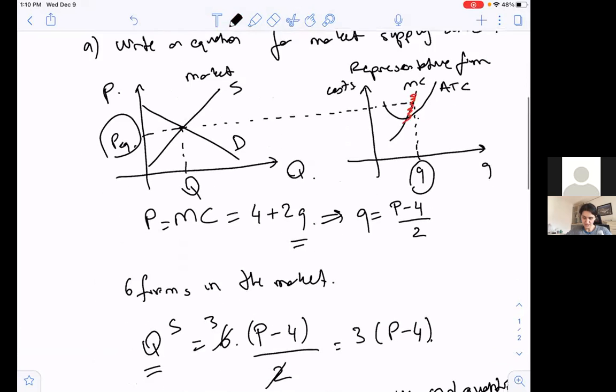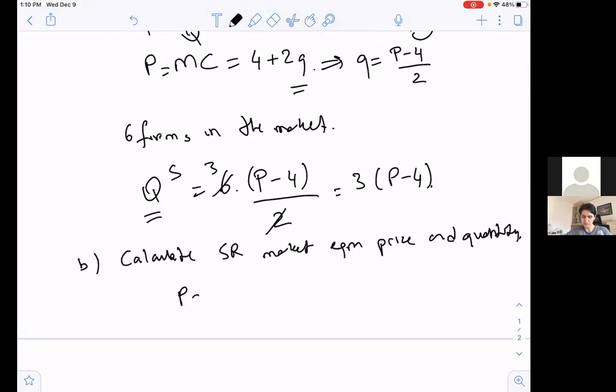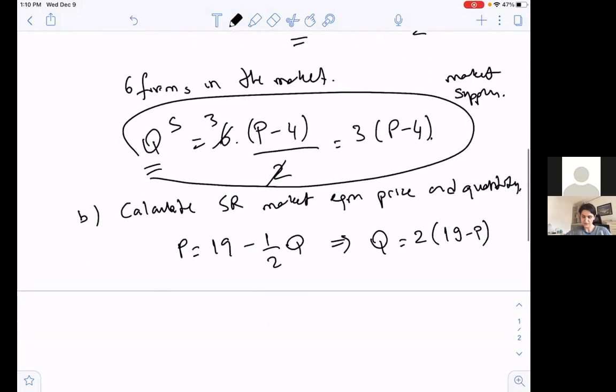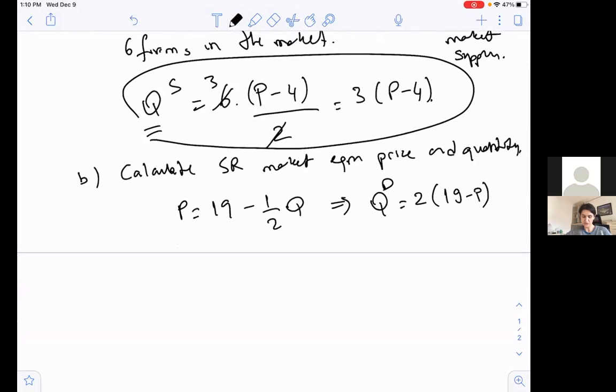Demand is P equals 19 minus 1 over 2 Q. If I take Q from here, because my equation for the supply is Q equals something, then Q equals 2 times 19 minus P. So this is the demand equation.